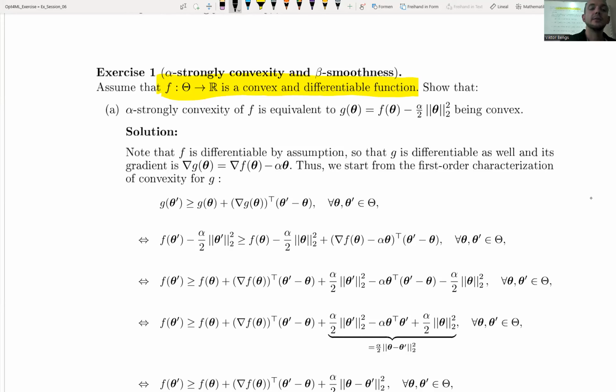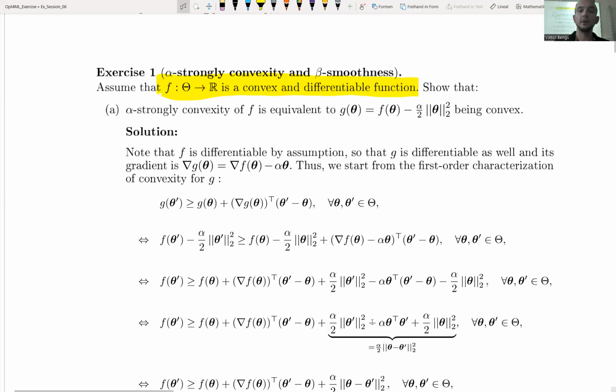The first equivalence we want to show is that f is strongly convex if and only if the function g, which is f of theta minus alpha half times the squared norm of the input, is a convex function. And the other way around, if g of theta is convex, then this implies that the function f is alpha strongly convex.